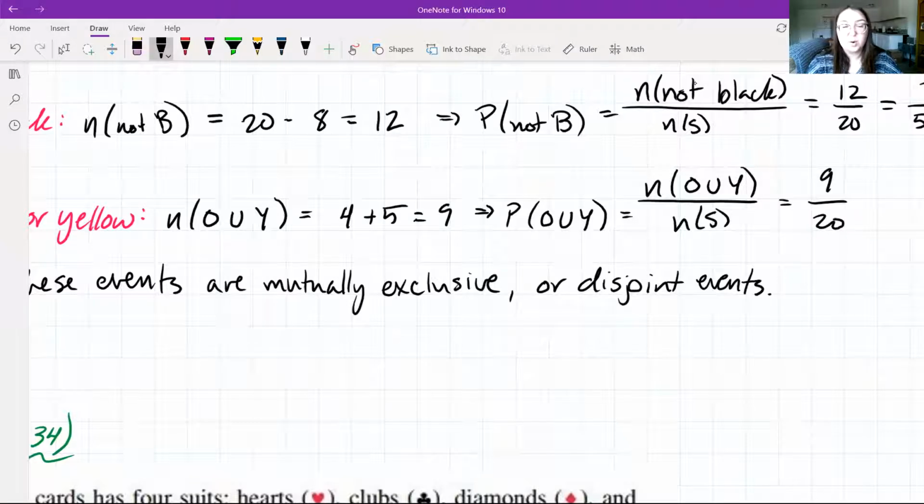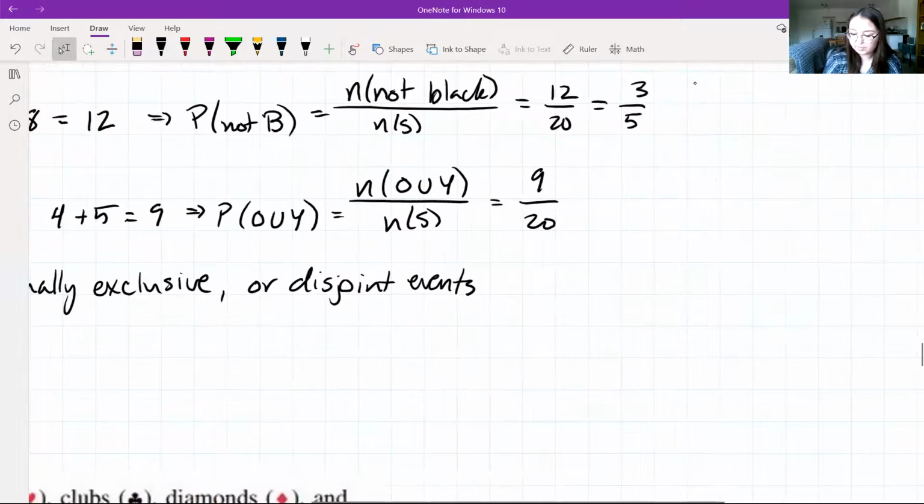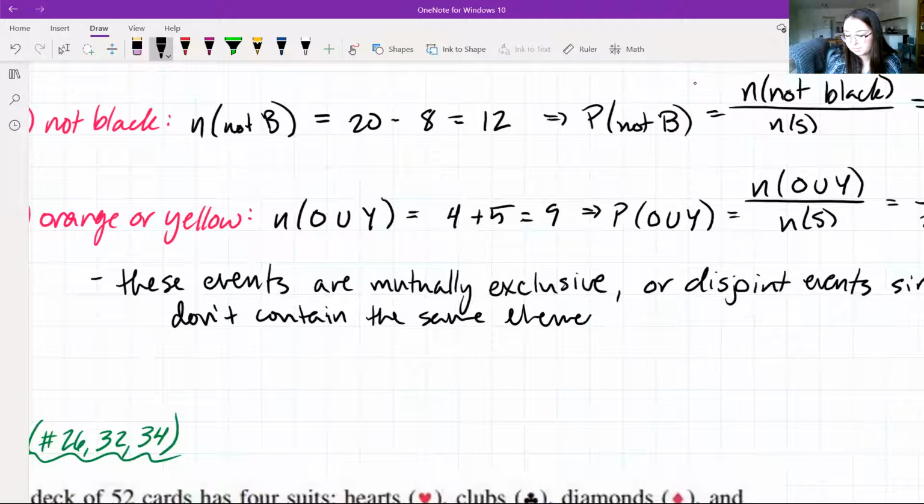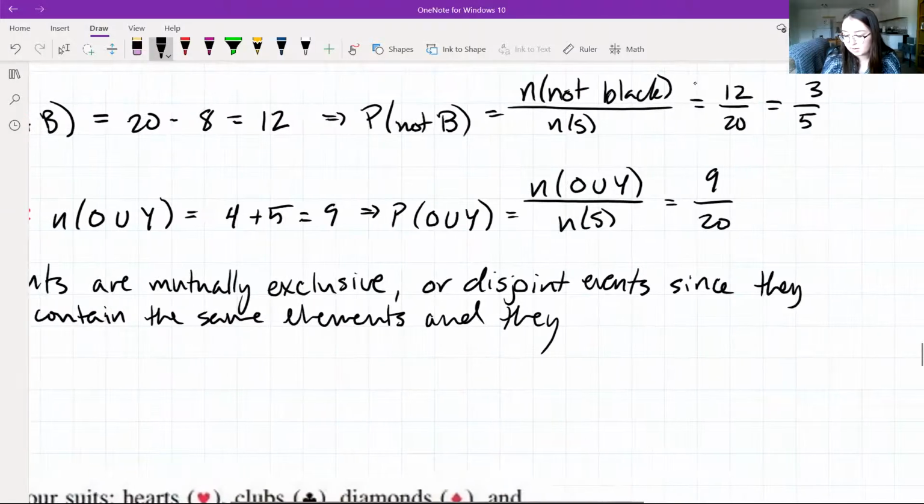So they're disjoint, or the definition that we just learned, which was mutually exclusive. We'll keep going with that actually. And we know this since they don't contain the same elements and they can't occur at the same time.